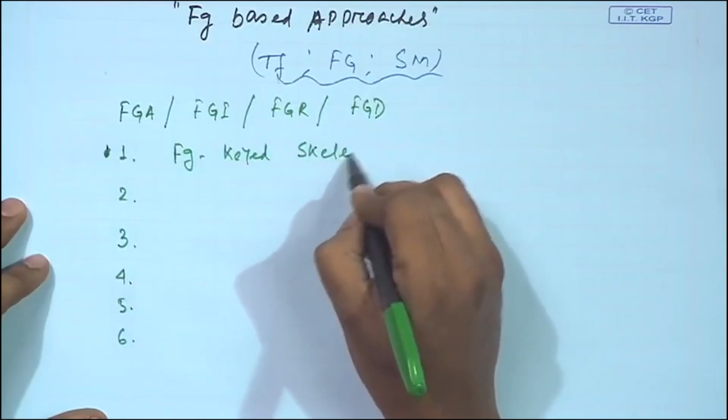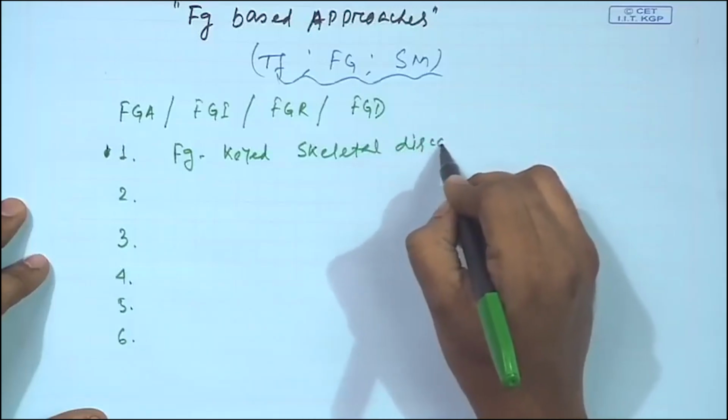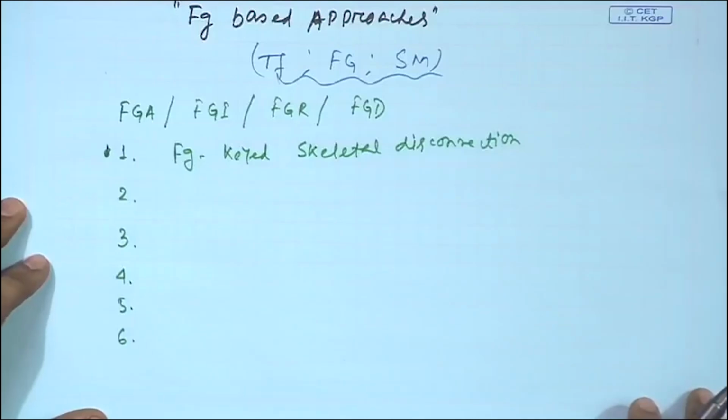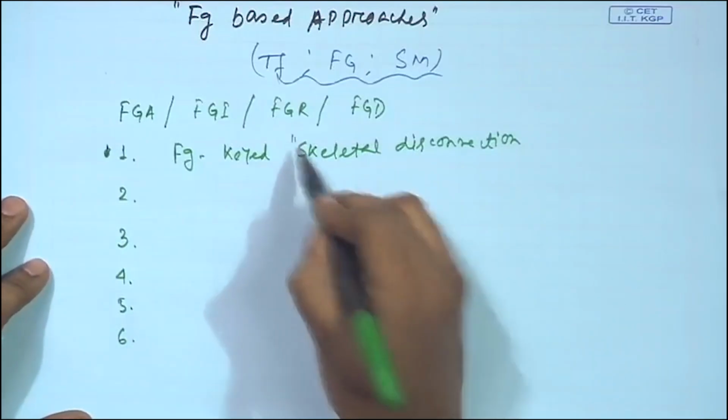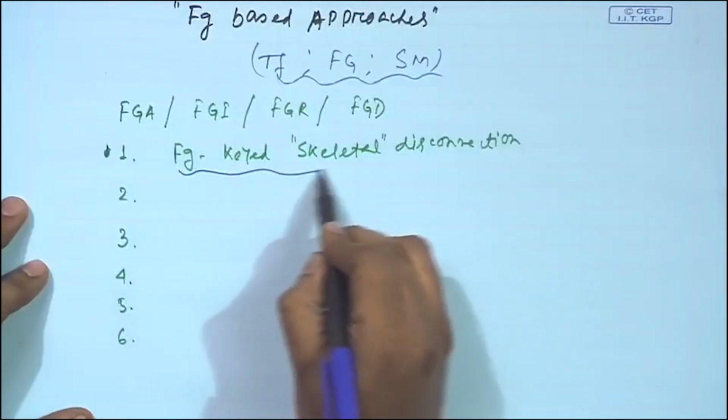It means that if you have a compound whose structure was given to you and also a starting material, you try to disconnect the molecular skeleton by taking the help of the functional groups present in that molecule.